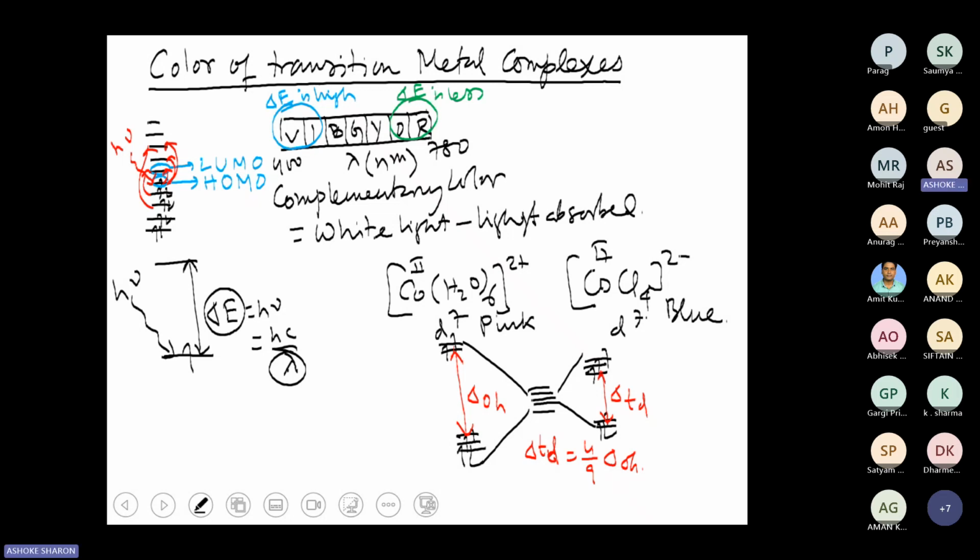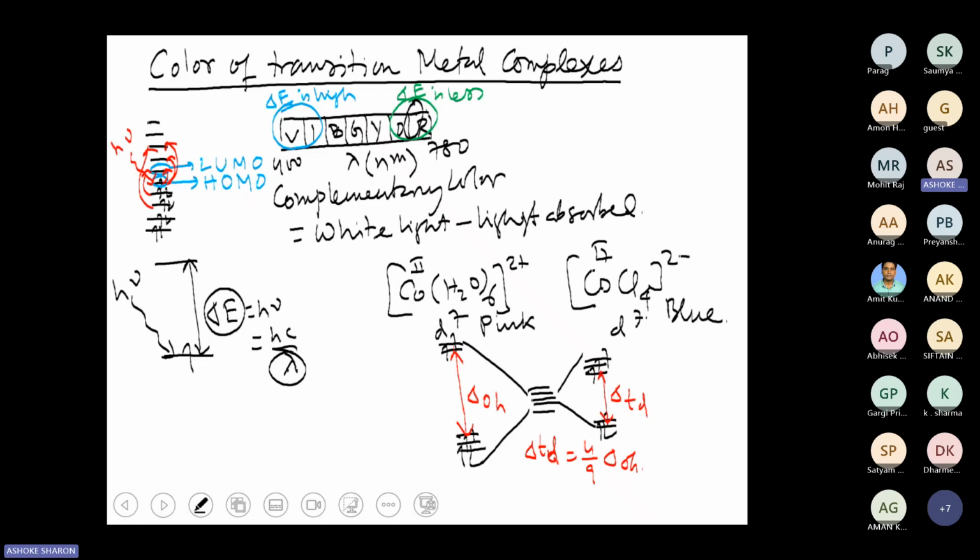The octahedral one is pink, so pink will come somewhere in this region, red and orange in this region.